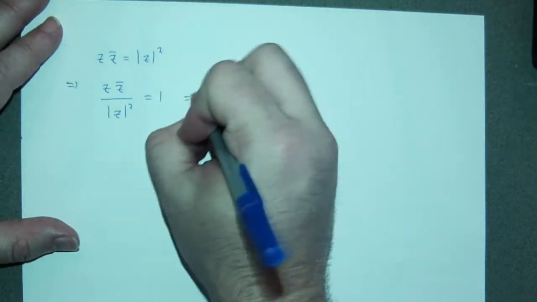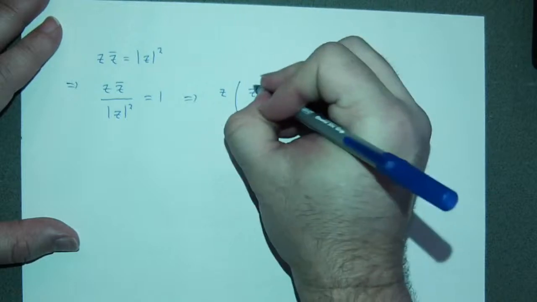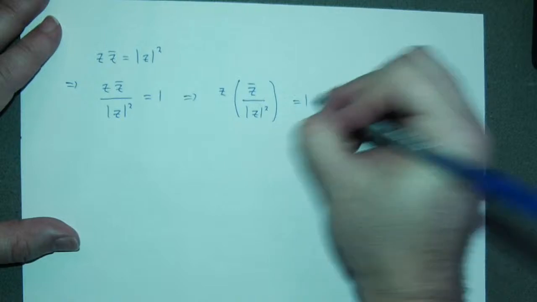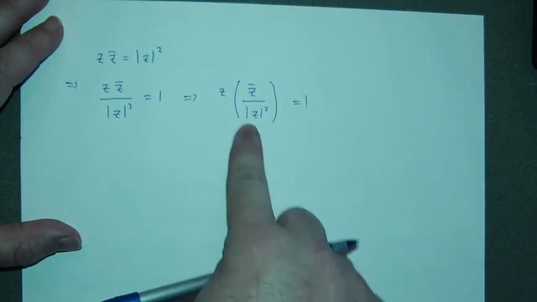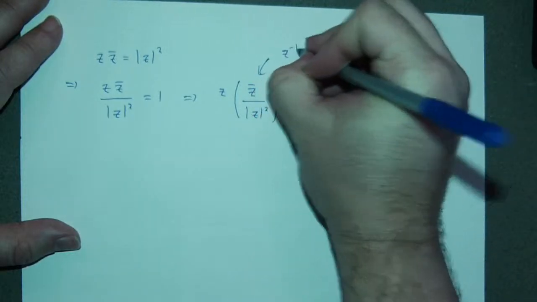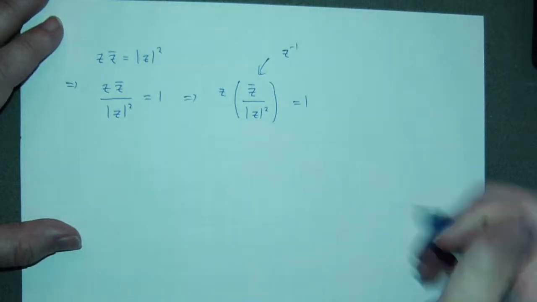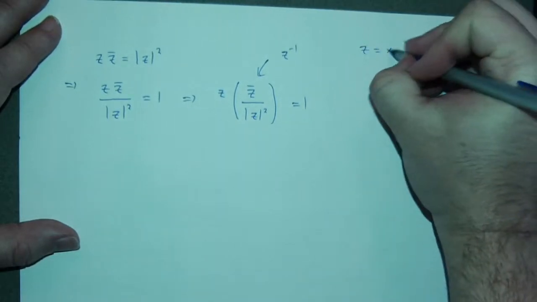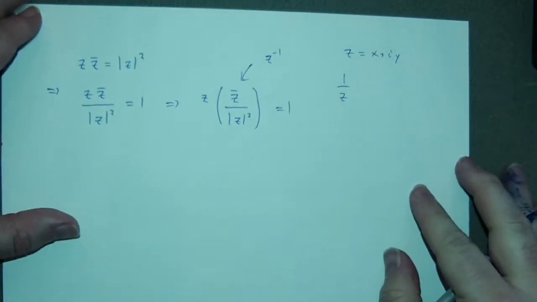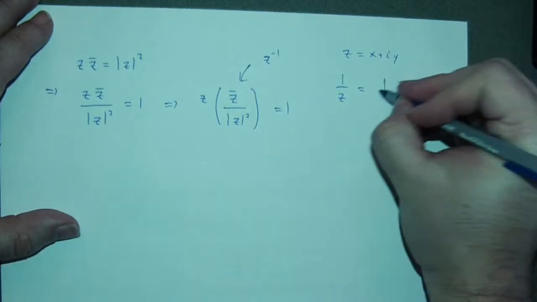This tells you that if you take a complex number z and multiply it by its conjugate divided by its modulus squared, you get 1. What that tells you is that the thing in the parentheses here is the multiplicative inverse of z. So if you have a complex number z, which is x plus iy, and you want to find 1 over z, it's not as simple as just writing 1 over x plus iy.